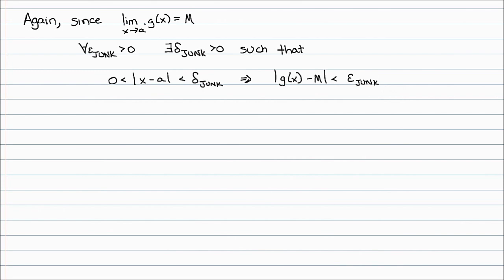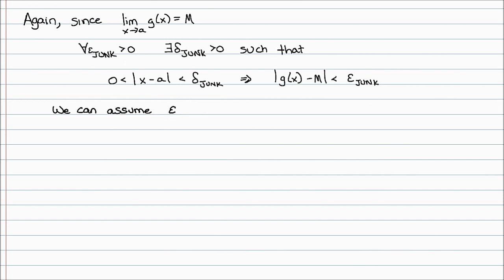Again, since the limit as x approaches a of g of x is equal to m, for any epsilon we're given, there must exist some delta such that the distance between x and a being less than that delta implies that the distance between g and m is less than that epsilon. And one thing we can definitely assume here is that epsilon, whatever epsilon we actually started with in this entire problem.